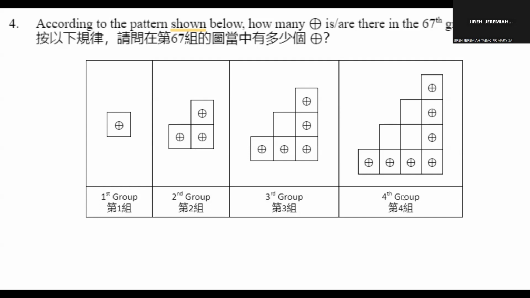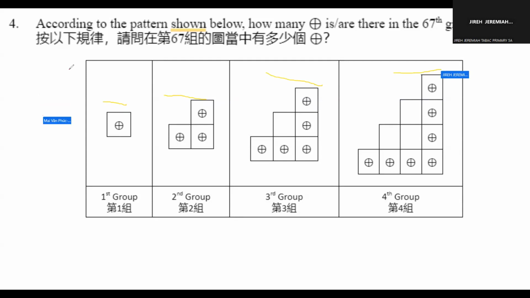So in the pattern below, you can see that there's one symbol in the first group, 3 symbols in the second group, 5 symbols in the third group, and then 7 symbols in the fourth group.